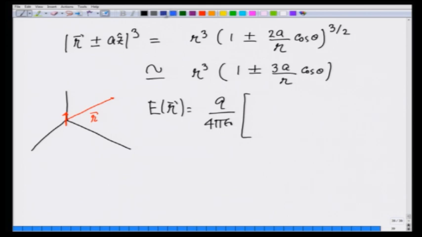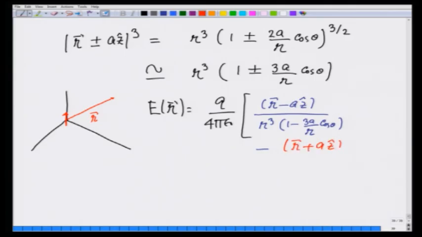Inside I have vector r minus a z divided by r cubed, 1 minus 3 a over r cos theta, minus, let me use a different color, r plus a z over r cubed, 1 plus 3 a over r cosine of theta, bracket closed.